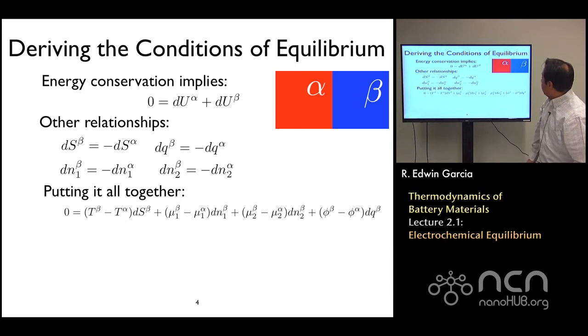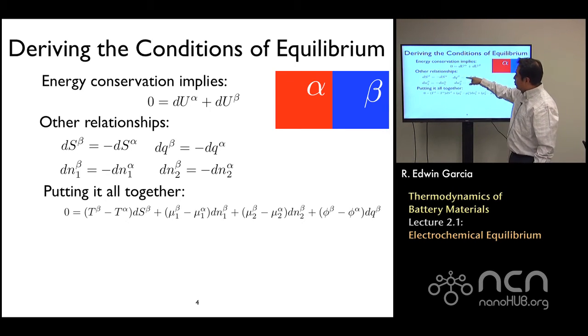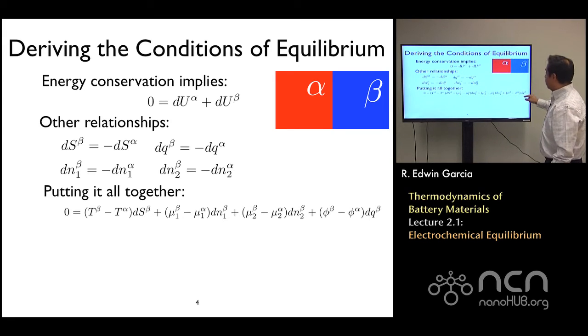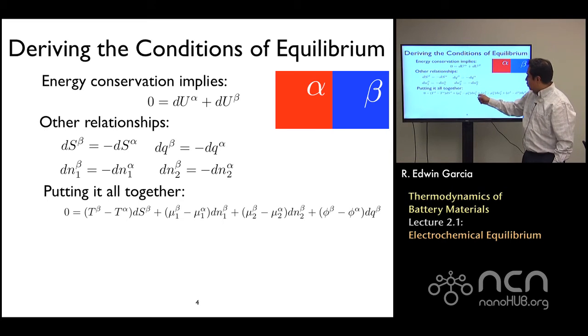And if we substitute these relationships into dU alpha plus dU beta equals 0, using the first and second law, you will find this expression. This expression allows you to get closer to the conditions of equilibrium that we're looking for, except that we still have the amount of Q beta and how it relates to n1 and n2.